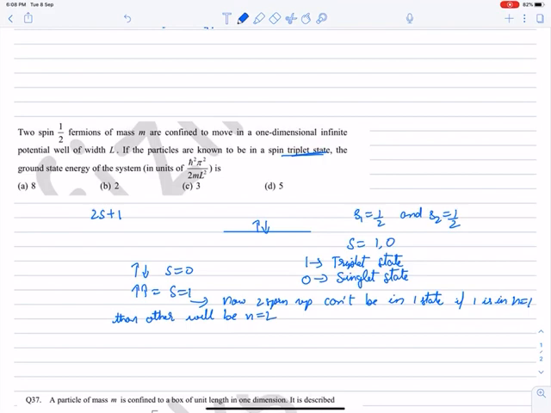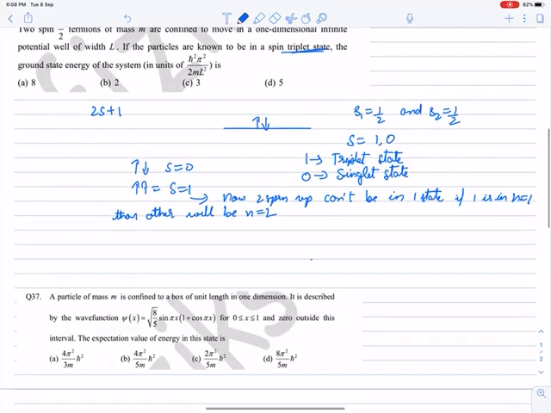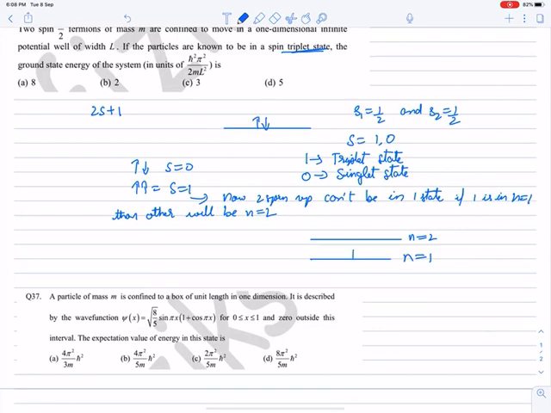So if this is n is equal to 1 and this is n is equal to 2, in the triplet state the accommodation will take place like this.